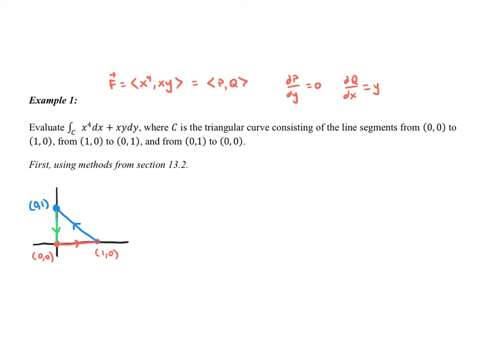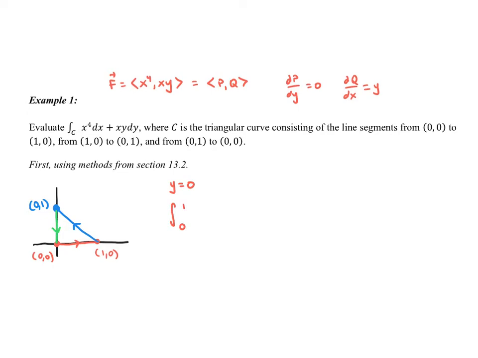Let's pretend like we have never seen Green's theorem, and we're going to calculate by taking each of our three different paths. So our red path, we're going to go from (0, 0) to (1, 0). Our equation is y equals 0. And our integral then would be from 0 to 1. These are x values.